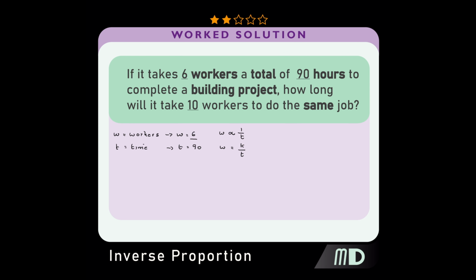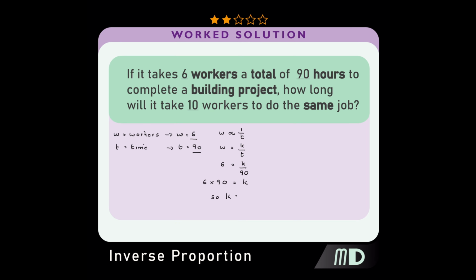So, if W is equal to 6 and T is equal to 90, 6 is equal to K divided by 90. Multiplying both sides by 90 gives us 6 multiplied by 90 equal to K. And 6 multiplied by 90 is 540.